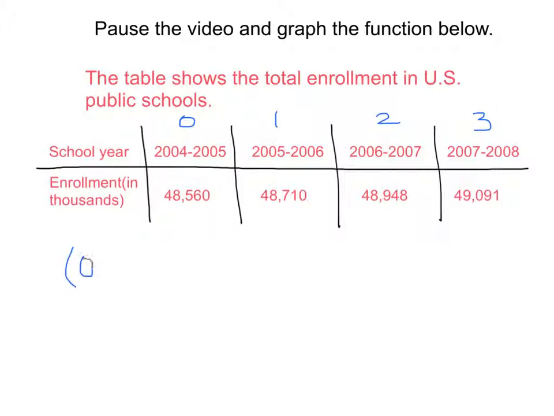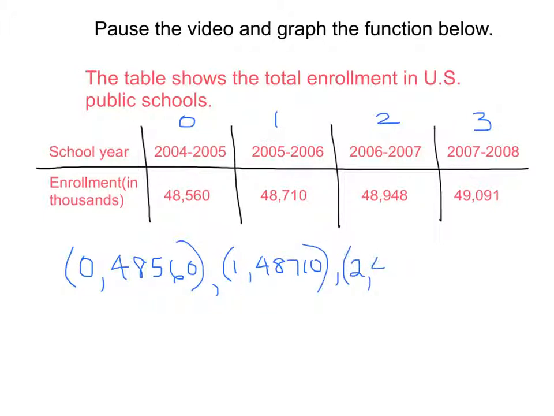So for my first set, it's going to be 0, 48,560, then 1, 48,710, then 2, 48,948, and then 3, 49,091.